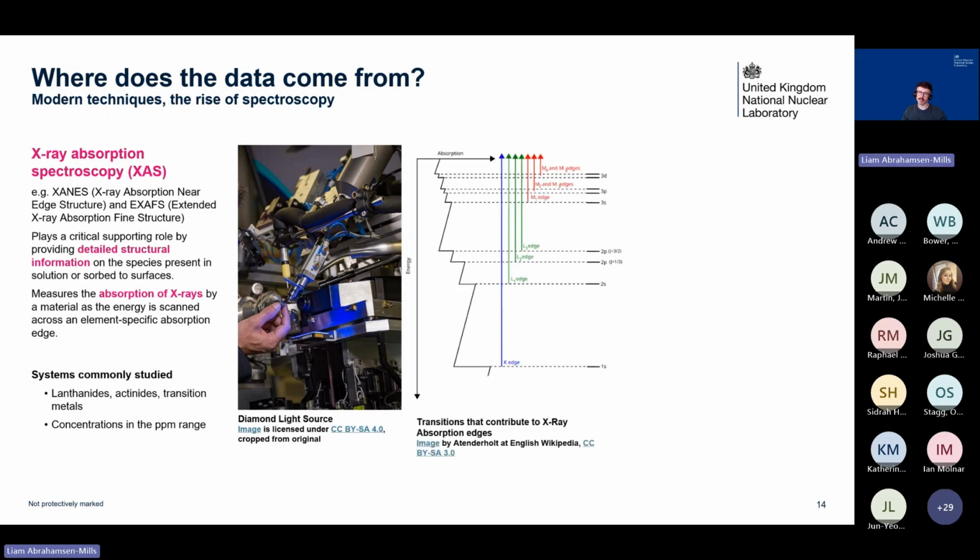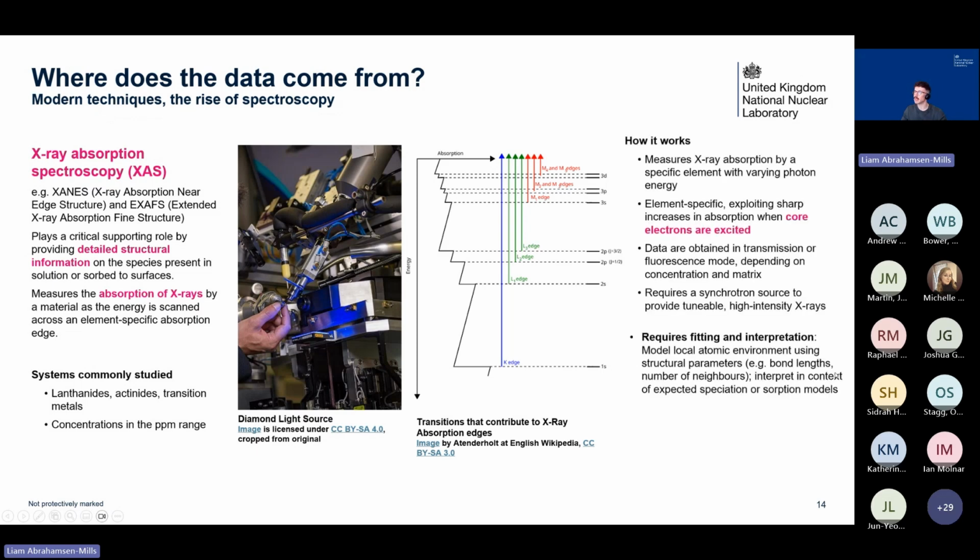This does require a larger concentration than some other methods, typically in the ppm range. And then the chart here shows the characteristic edges of an absorption spectrum and how they link to the core electronic structure of these elements. So it's core electrons that are being excited by these X-ray absorbances.